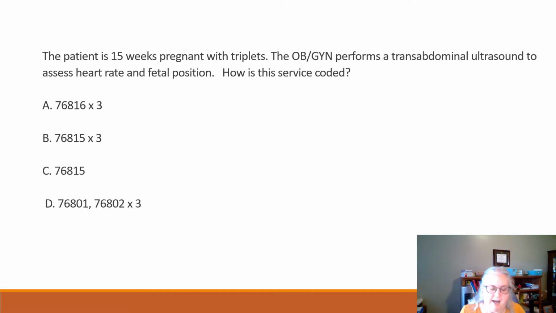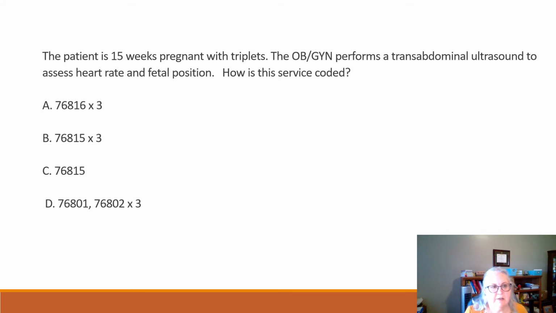If I go clear back, you'll notice 76815 was indented in, and the main header was 76813, which says ultrasound pregnant uterus real time with image documentation, first trimester, fetal nuchal translucency measurement, trans-abdominal approach or transvaginal approach, single or first gestation. So we are under the correct main header, and 76815 is definitely a good possibility.